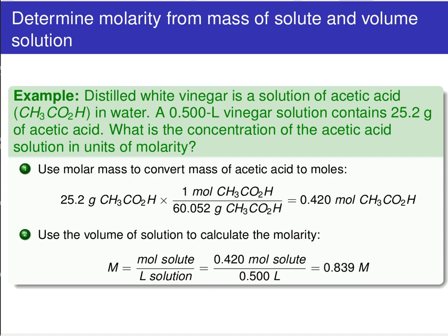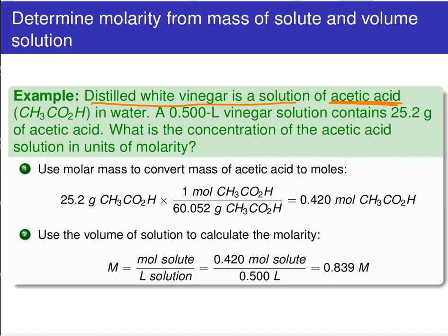So in this problem, we are given a distilled white vinegar solution, and this vinegar solution contains acetic acid, right? Acetic acid is responsible for a lot of properties that we attribute to vinegar. And basically vinegar is this acetic acid dissolved in water. So acetic acid is going to be the solute and water will be the solvent.